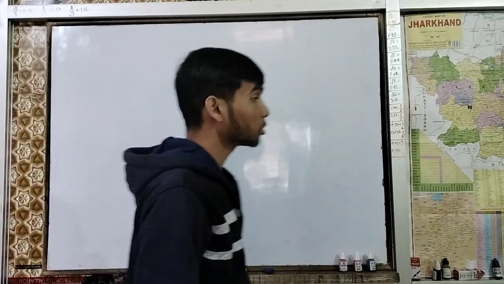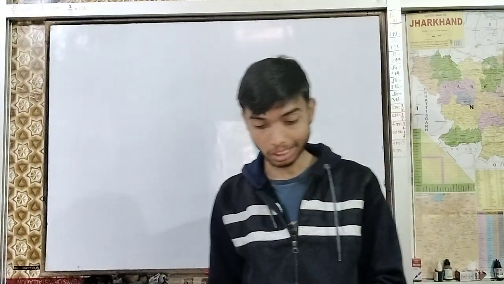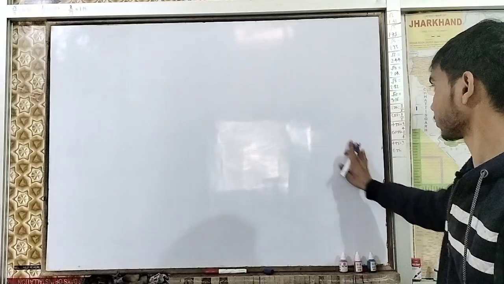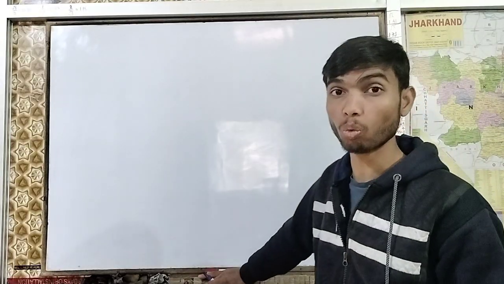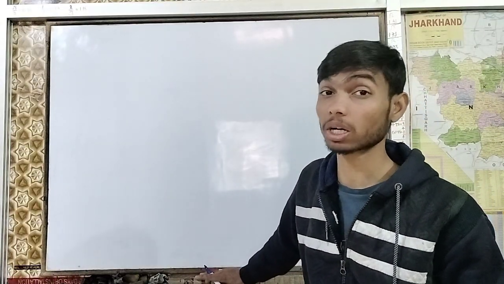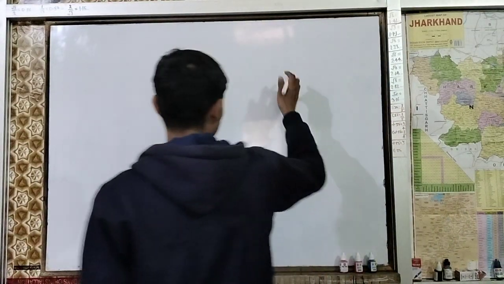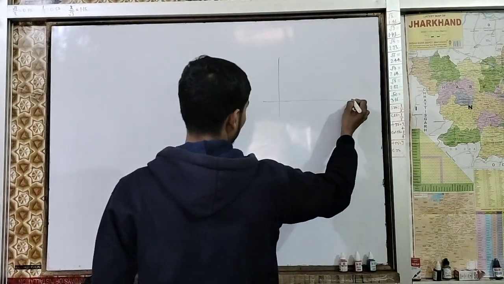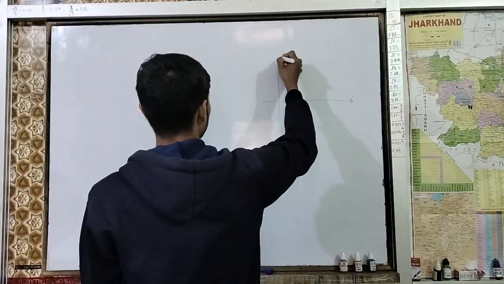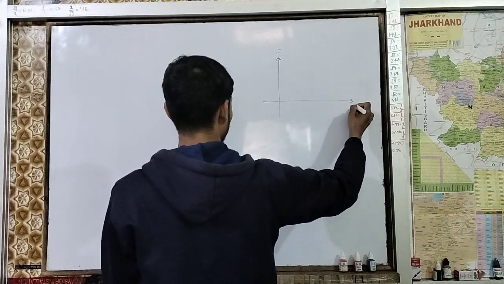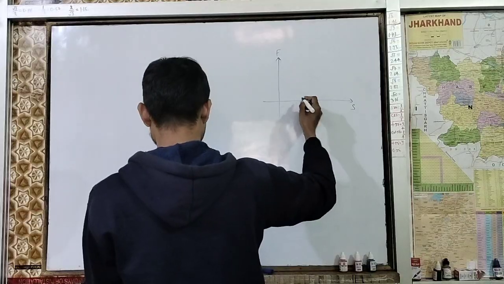Graphical. We are going to observe graphical representation of work done. Through a graph we can observe work done by something. This is a graph. Y is F and x is displacement.